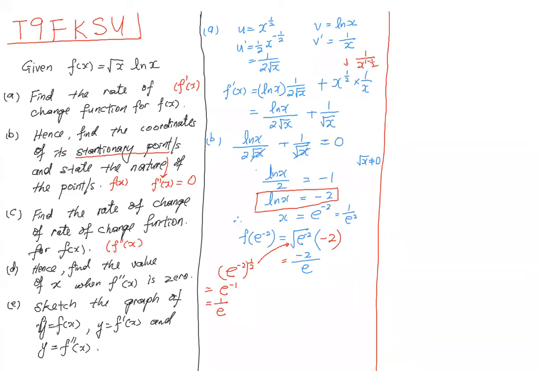So if we want to know the nature of this stationary point, which is 1 over e squared, the value is very small, and negative 2 over e, we have to draw the sign diagram of f prime x. So now I want everyone to key this into your calculator. Still remember yesterday? You can draw the sign diagram with the help of the calculator.